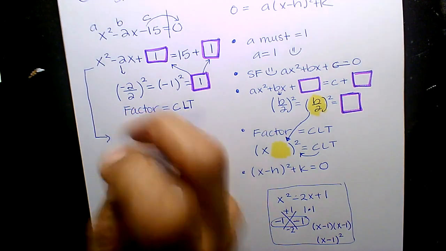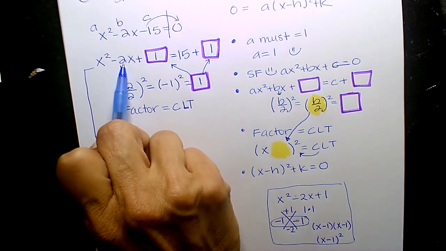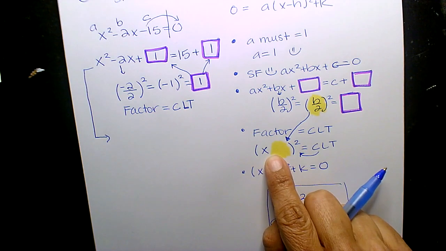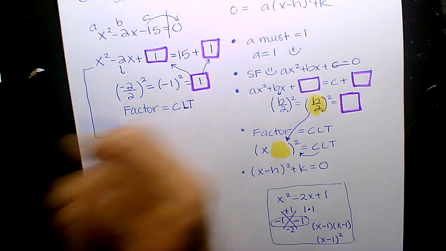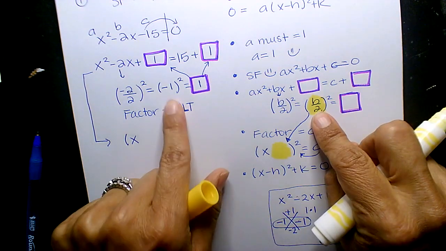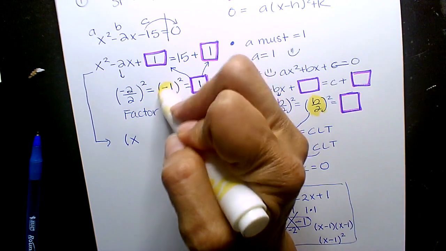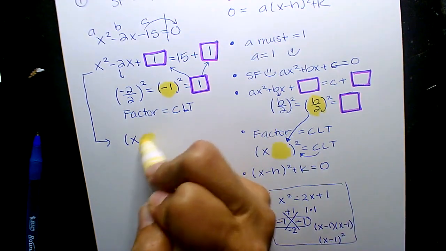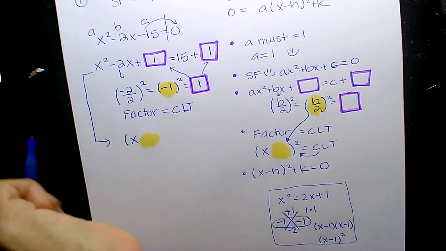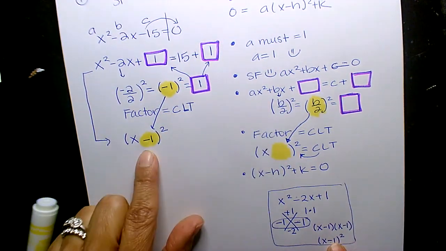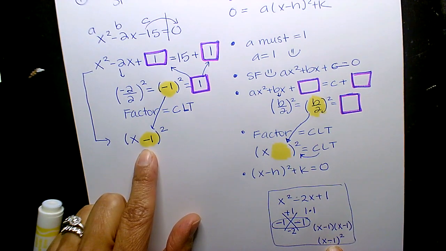So look, if I'm going to factor the left, x squared minus 2x plus 1, I know it's x minus 1 squared. But if I follow the shortcut, whatever this number is before you square it to put it in, that's the number that gets put here. And notice it matches.